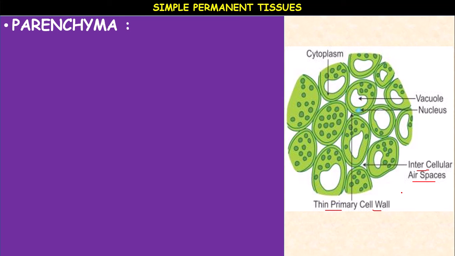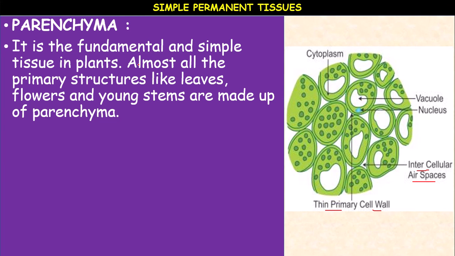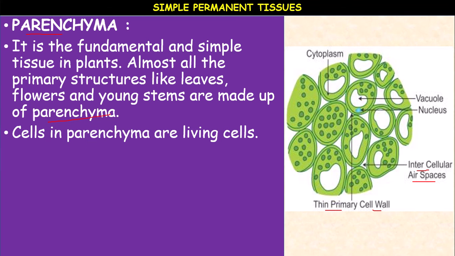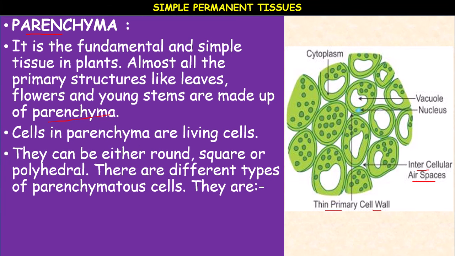It is a living tissue. So, once again, it is a fundamental and simple tissue in plants. Which one? Parenchyma. Almost all primary structures like leaves, flowers and young stems are made up of parenchyma. And the cells in parenchyma are living cells.